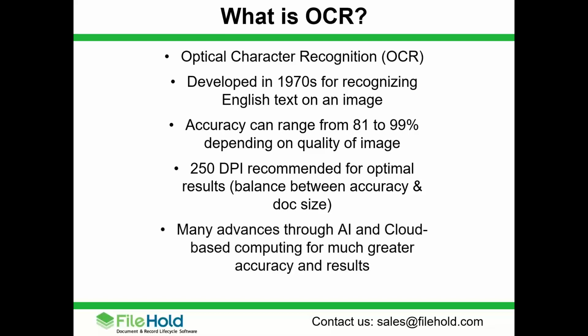So we're always looking for a balance between size of the scan document and what the output is from that scan. There's been many advances in OCR through AI and cloud-based computing for greater accuracy in results, and as well too expanding into some areas such as handwriting. But that really does require an AI engine behind it, and something like a FileHold, which is a standalone enterprise-grade software, we don't have that level of computing within it.